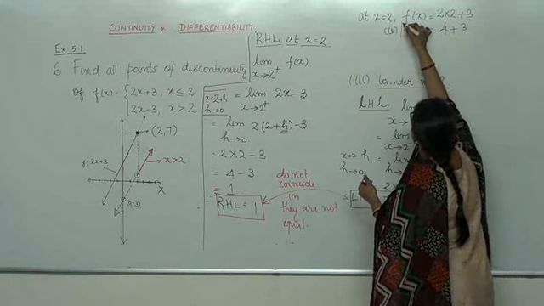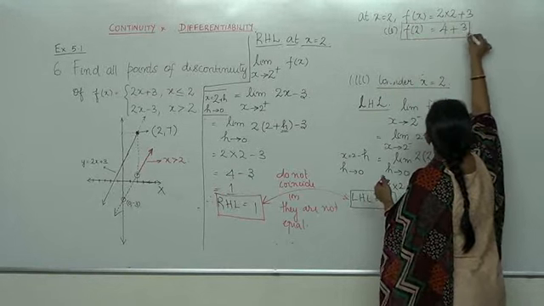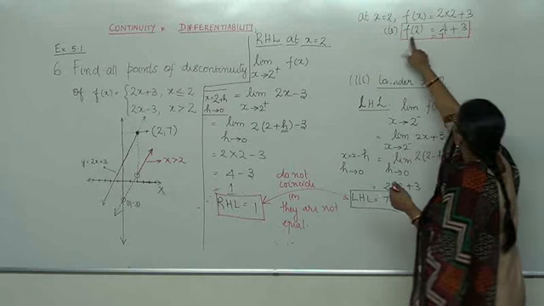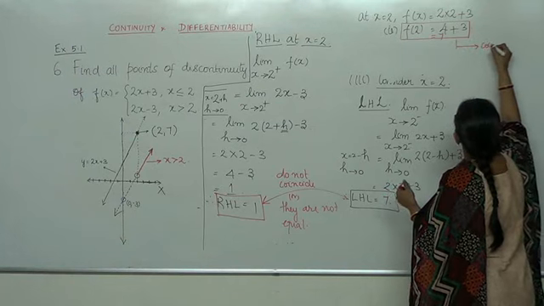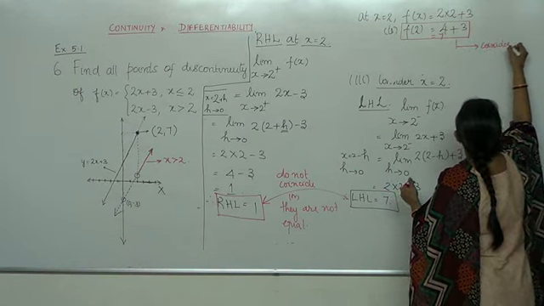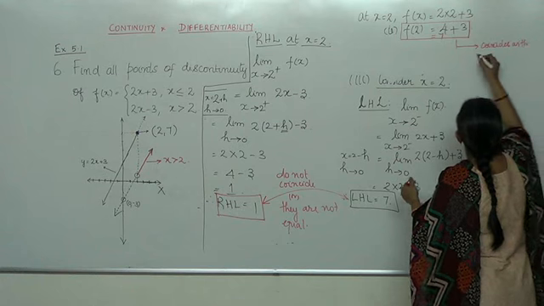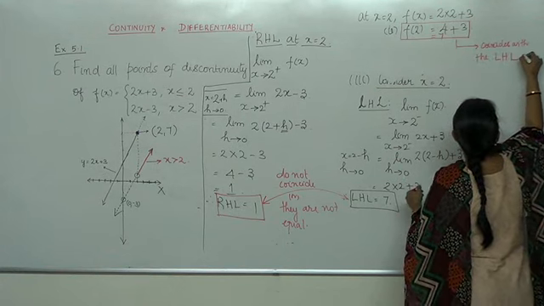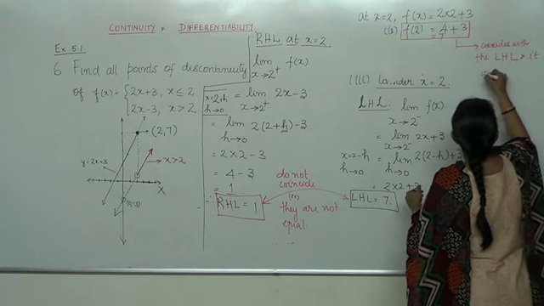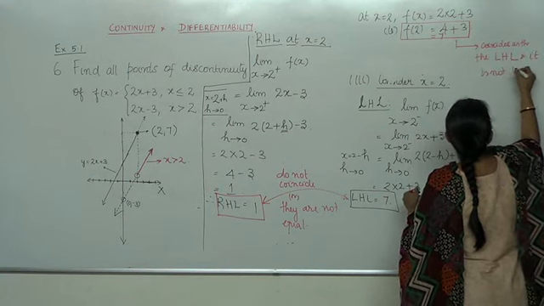Again, you can see that this is 7. So, f of 2 is equal to 7. This value coincides with the LHL, and it is not equal to the RHL.